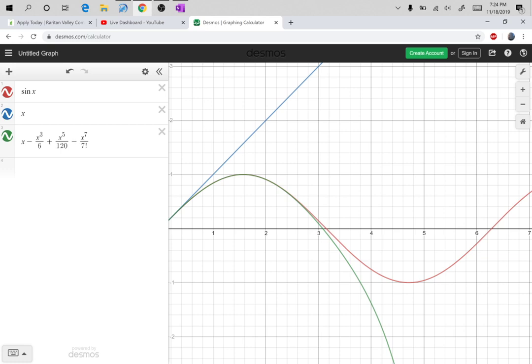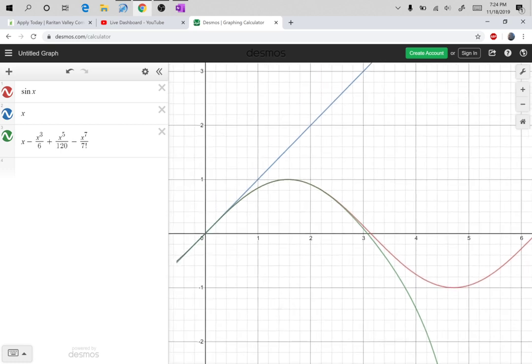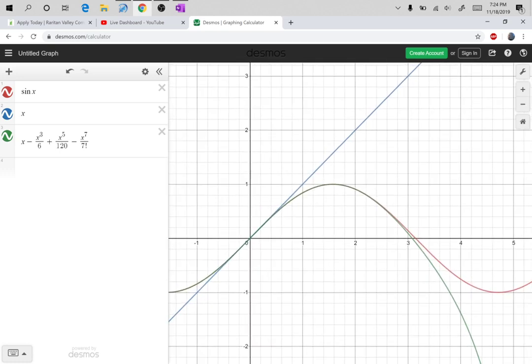The further away you are from the zero, the more error you have between the y values. How much error do you have at zero? Zero error, right? And the reason is it was centered at zero. And because it was centered at zero, these functions follow the original function the best around the point where they're centered.